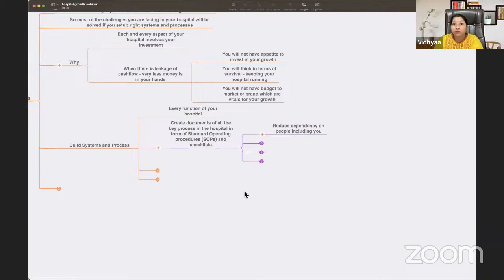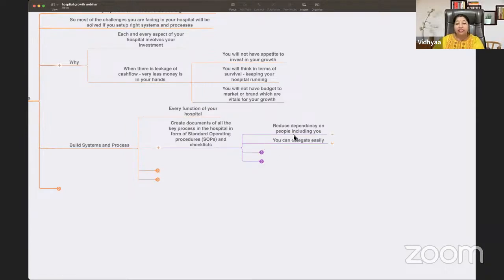And dependency on people, because over the years, if your staff are working with you, they become so much a part of the system that your hospital becomes so dependent on them that without them your hospital will not function, or some of the activities will not happen, right? Those dependencies are not good for you. For that sake, you have to create the systems, and that's the reason you'll be able to reduce the dependency.